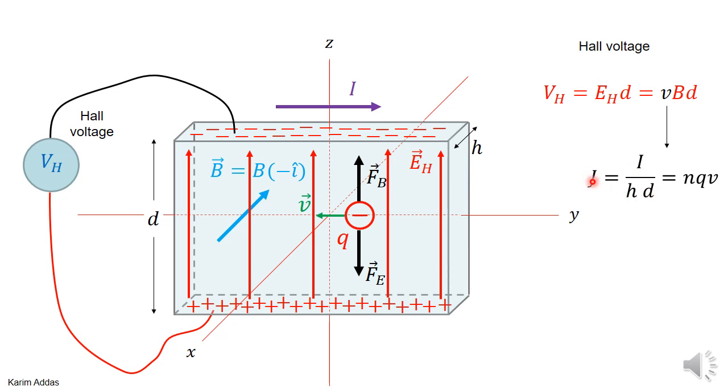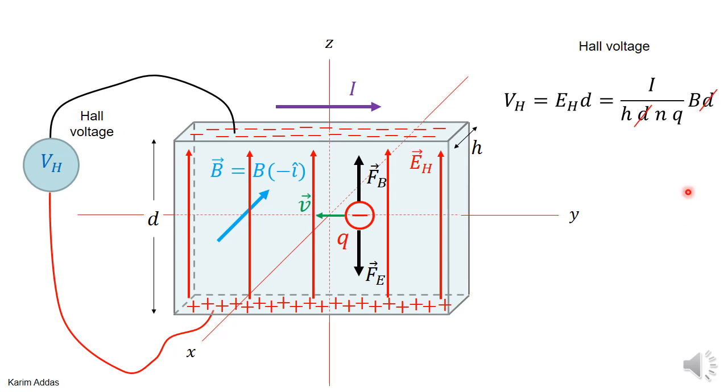And we know that J also is the number of charges per unit volume times the charge of each charge times the drift speed. So here we can then find a relationship between V and the current. If you look carefully, you'll see that V is equal to the current divided by HDnQ. If you substitute this back into the equation, you get this relationship.